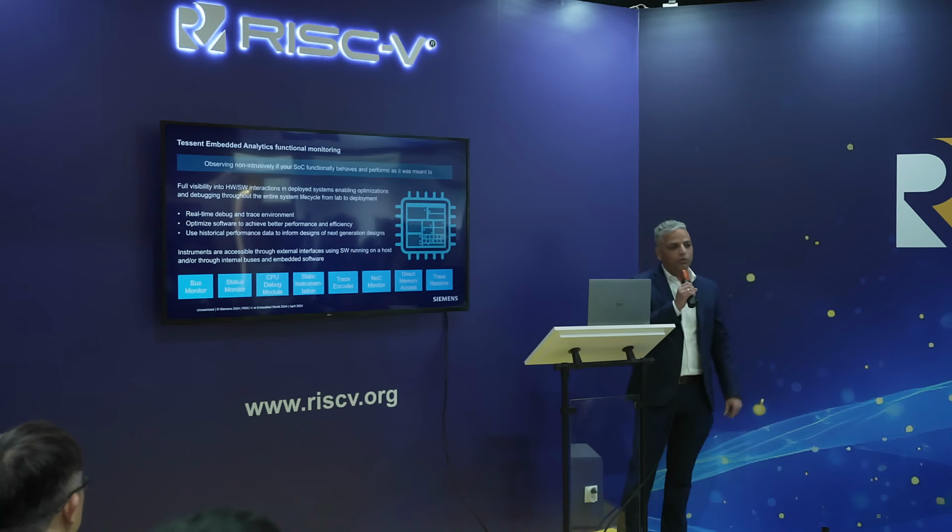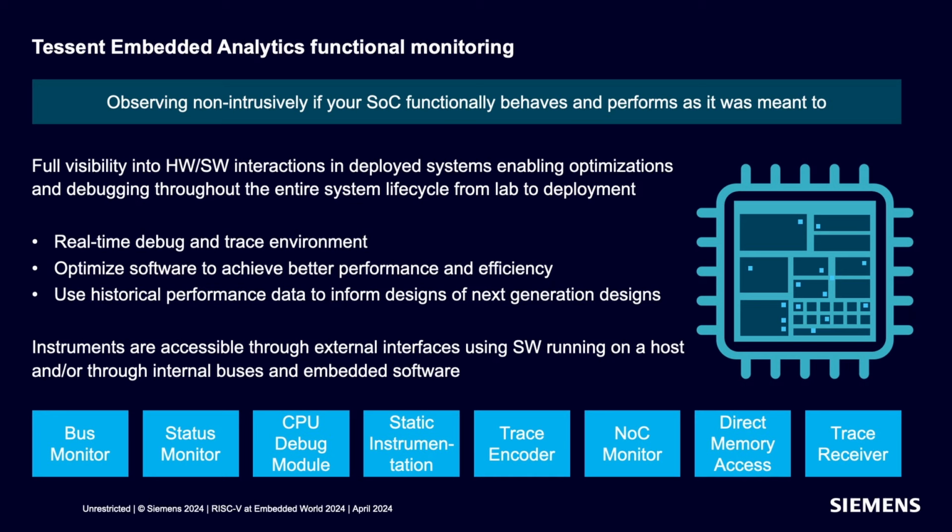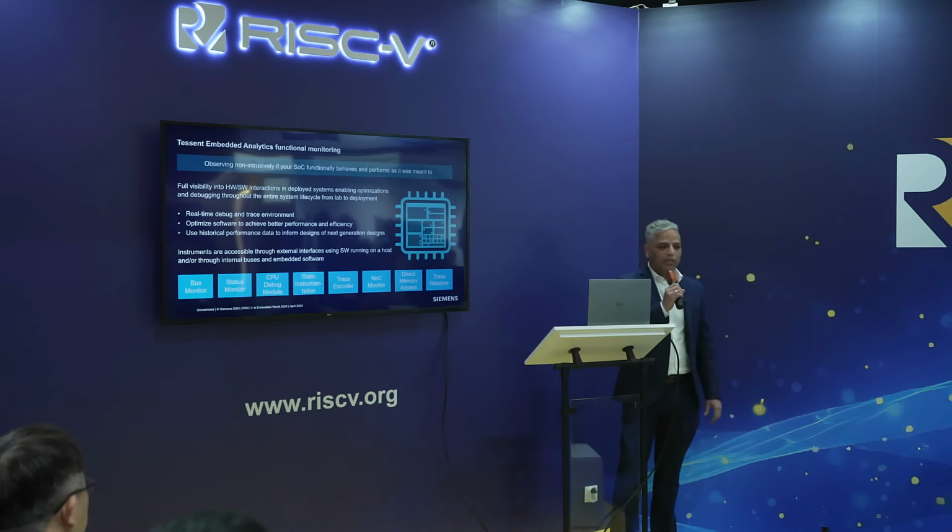It also allows you to optimize your software, and another capability is that you can collect the data provided by these monitors and enhance your next generation of products as well. So you can improve on your previous generation of products and provide better products to the market. The data produced by these monitors can be accessed in various ways.